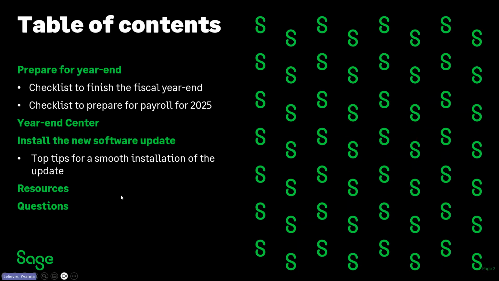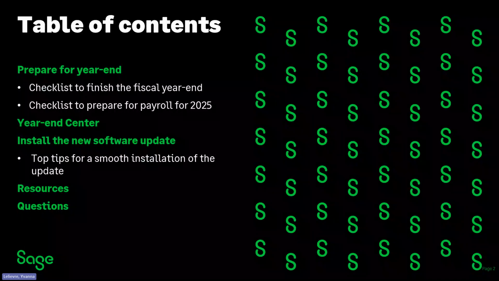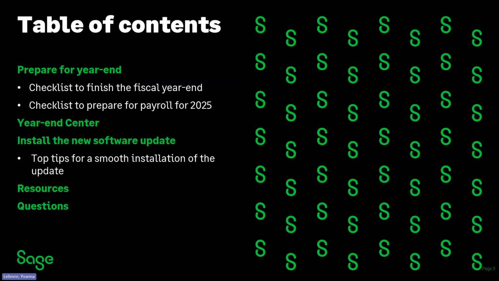So what we're going to talk about today is how to prepare for the year-end in Sage 50 Canada. We're going to talk about the checklist to finish the fiscal year end, and also the checklist to prepare for the payroll year end for the end of 2025.